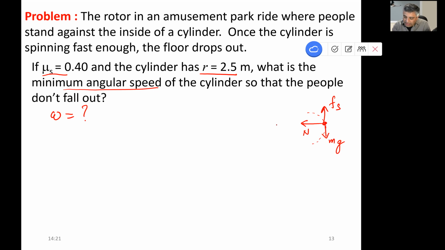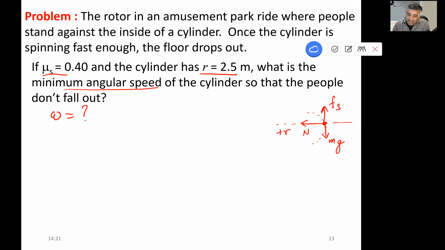Now let's assign the axes. For circular motion, the x axis acts towards the radius of the circle, so we may also say r. You may see r written in a book.